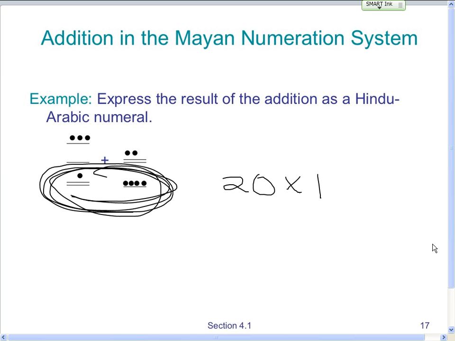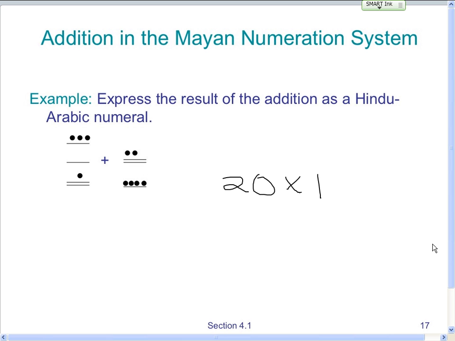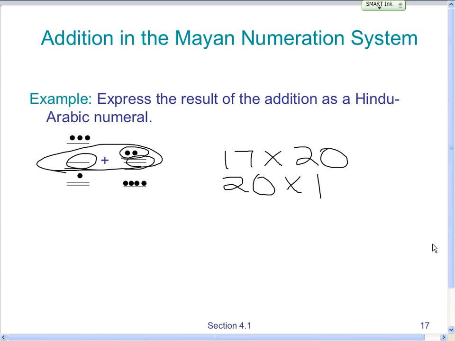Okay, I'm going to erase this so we can see what we're doing here. This place, we've got 3 sticks and 2 dots, so 5, 10, 15, 16, 17. So the 3 sticks and the 2 dots, 17. So the next place is the 20s place.